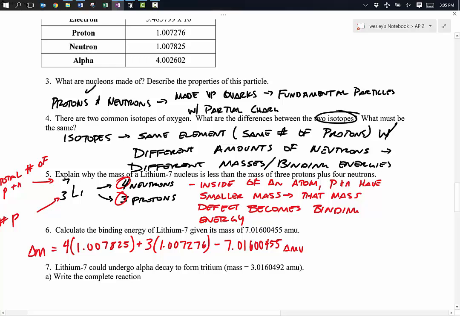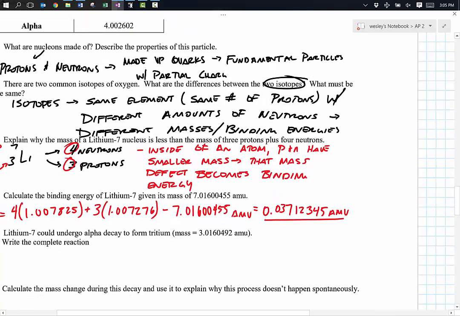So that gives me a mass defect of 0.0371234 atomic mass units. Now, that doesn't tell me the energy.